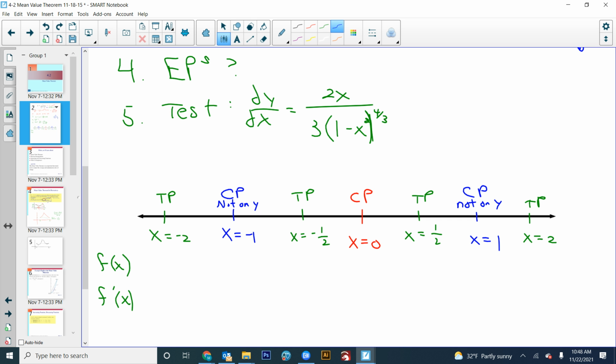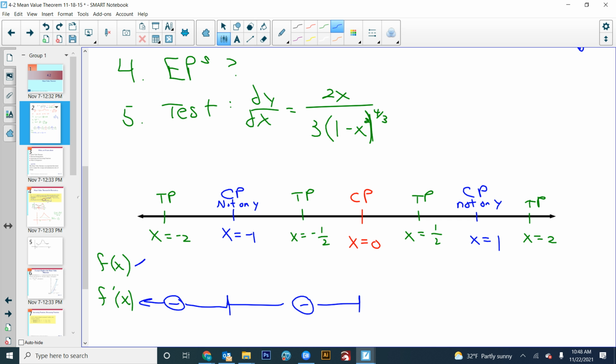So let's plug these into the numerator. When I plug in -2, I get a negative derivative. Negative numerator, positive denominator, right? Plug in -1/2. Negative. Okay, let's take a minute.